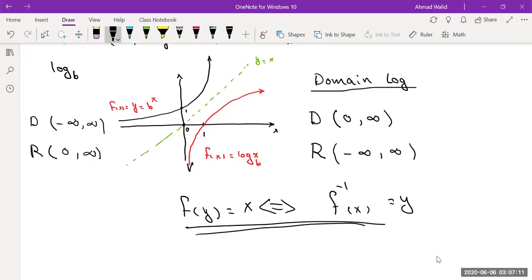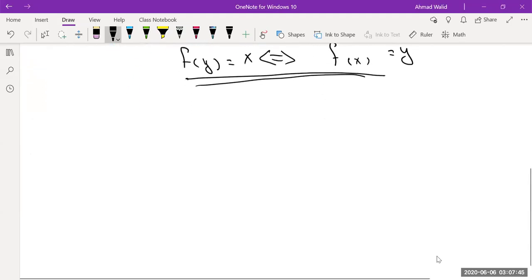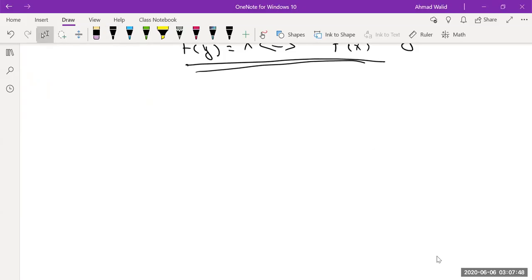It means the domain of a function becomes the range of the other function, and the range becomes the domain of the other. You can see in this graph, the domain of y equals b to the power of x becomes the range of log x base b, and the range of f of x equals b to the power of x becomes the domain of log x base b. That was a review of the domain and range of logarithmic functions.